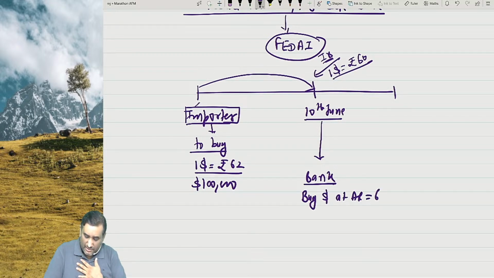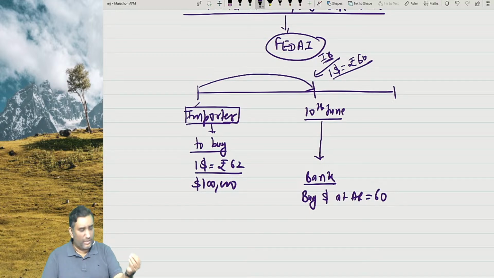That was, he bought at 60. Now he waited for you. If you would have come, he would sell you at what? 62. That's exactly the question. But when he was shutting his shop, you did not come. And since the dollars are lying with me, I tried calling you up. In a number of ways I tried, but you were not reachable. Maybe the network was jammed, maybe the connectivity was not there, or something.